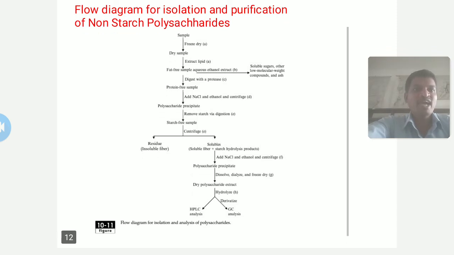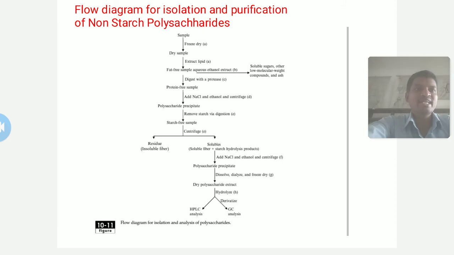Then that fat free sample is taken for aqueous ethanol extraction. Okay, so here soluble sugars and other low molecular weight compounds and ash are taken in the extraction.